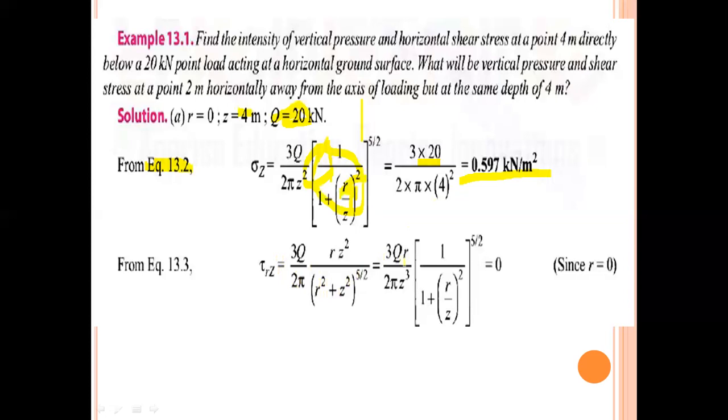Here 3Q into R divided by 2 pi into Z cube into 1 by 1 plus R by Z whole square, into whole power 5 by 2. Here we know the R value is 0, so any value multiplied with 0 equals 0. So tau RZ equals 0.